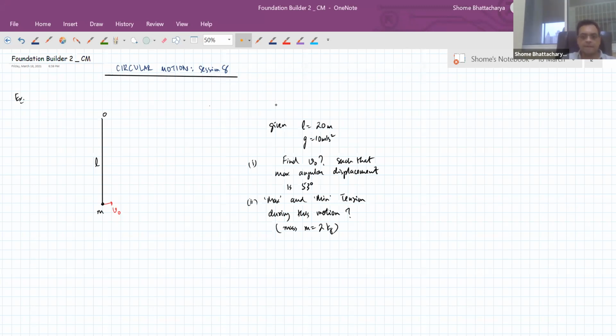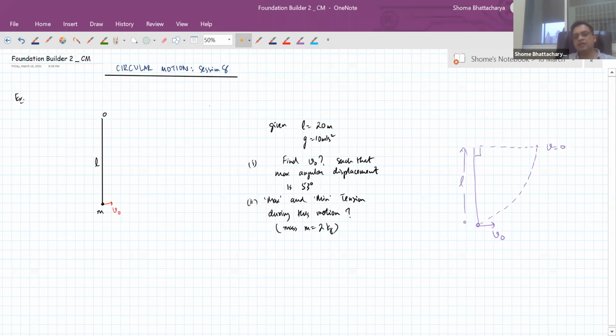It will be less than that. In fact, I can tell you for a fact that the speed will be less than 20 meters per second, because 20 meters per second will guarantee a 90-degree angular displacement. If I wanted this situation here, that from this vertical position of V naught, suppose I want to give it enough speed so that it reaches the 90-degree position, so by the time it comes here, it should come to rest.